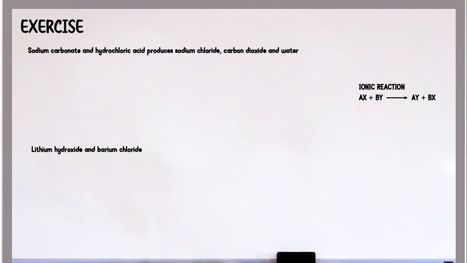So I recommend you write them down, pause the video, and I'm gonna go back to show you the table that has all the ions for each element, okay? And after that, I will come back and give you the response.